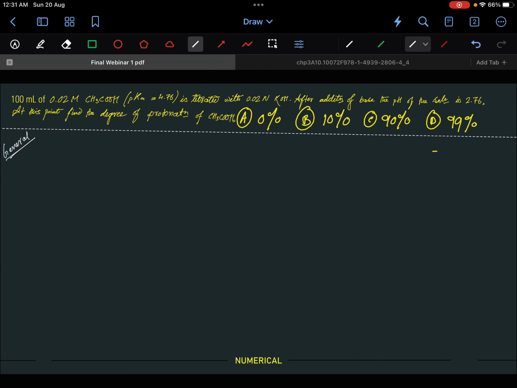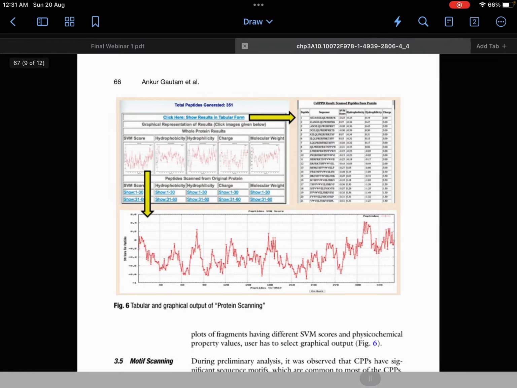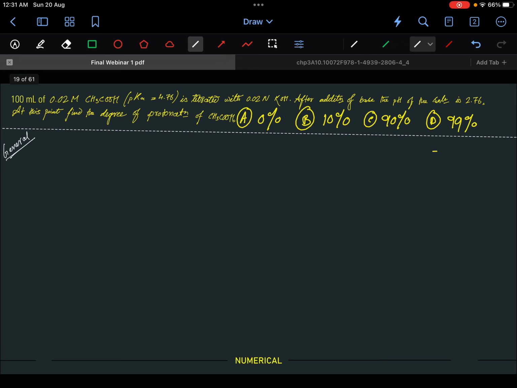What is told in the question? In 100 ml of 0.2 molar CH3OH, the pKa, that is the dissociation constant of CH3OH, is given. In most cases, the pKa is already given.